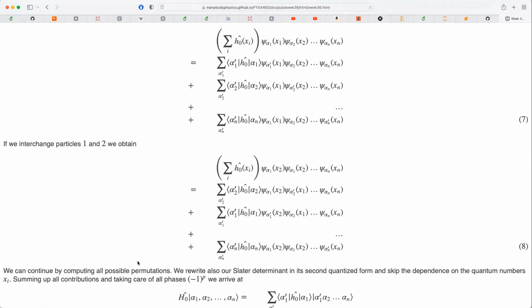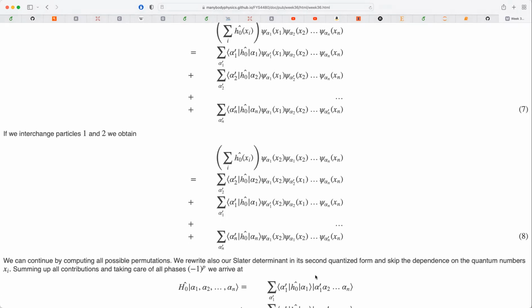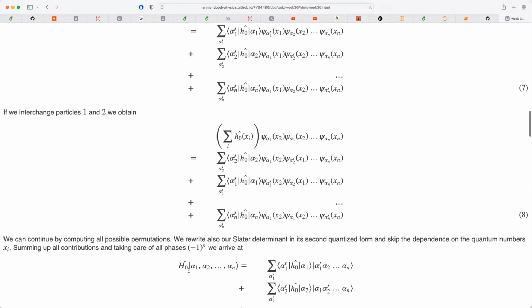If you continue by computing all possible permutations, we can actually rewrite also the Slater determinant in its second quantized form and skip the dependence on the quantum numbers x of i. So if we sum up all these contributions, taking care of all the possible phases, then what we end up with is a set of terms which look like this.